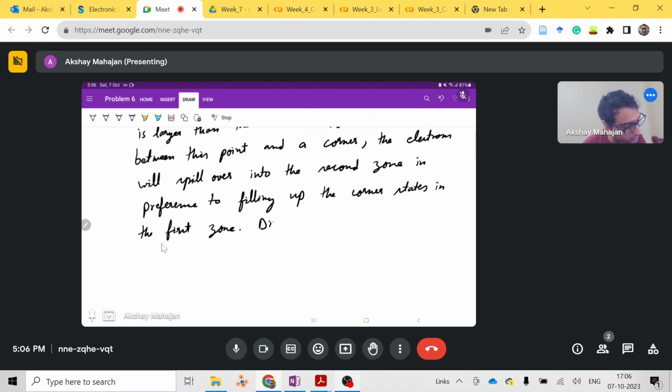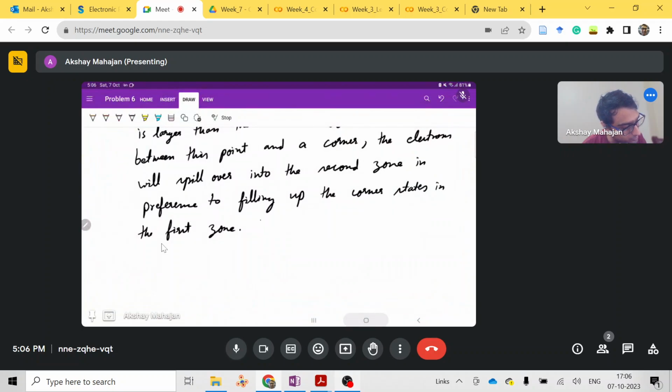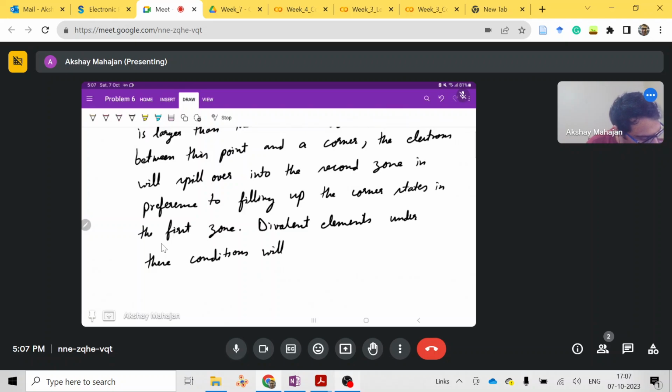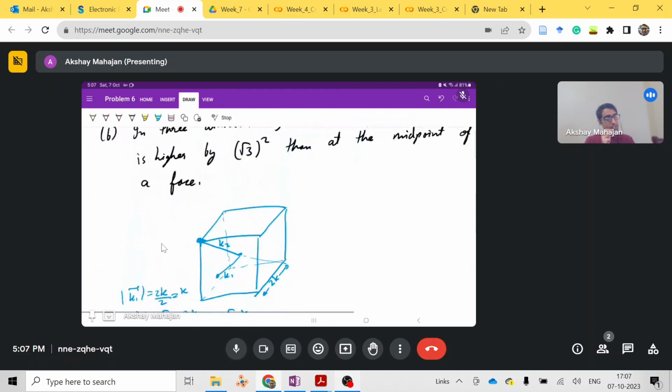So divalent elements under these conditions will be metals, not insulators.